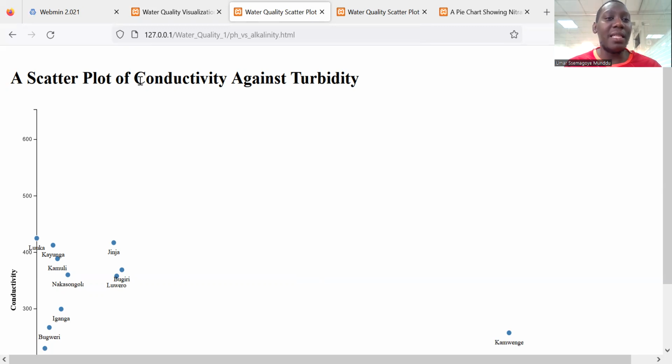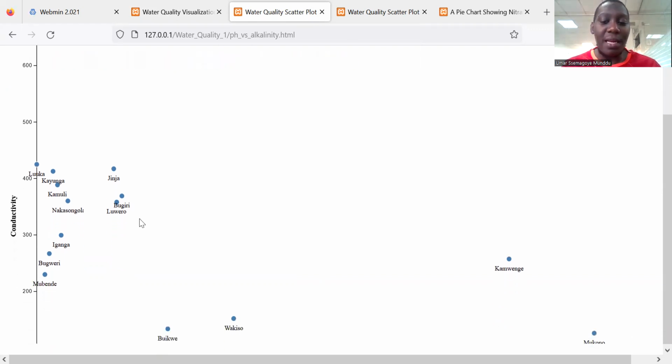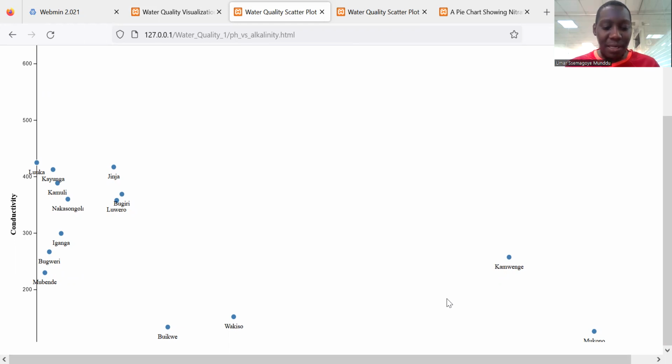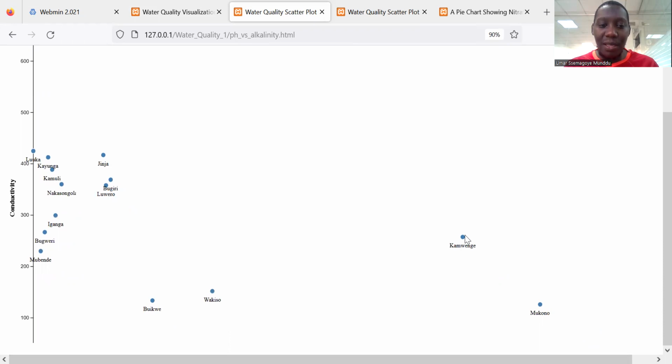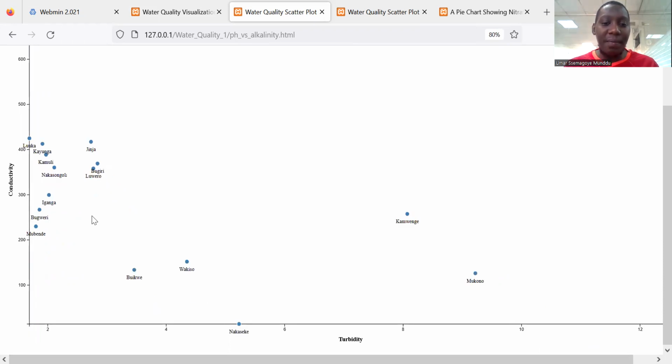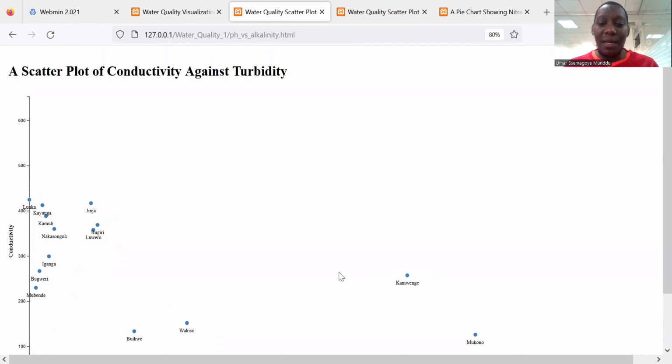The conductivity, ideally, is the electrical conductivity. And then you can realize that as turbidity increases, I will just minimize my screen, make it smaller, just to see the scales. I realize as turbidity increases, conductivity tends to increase as well.